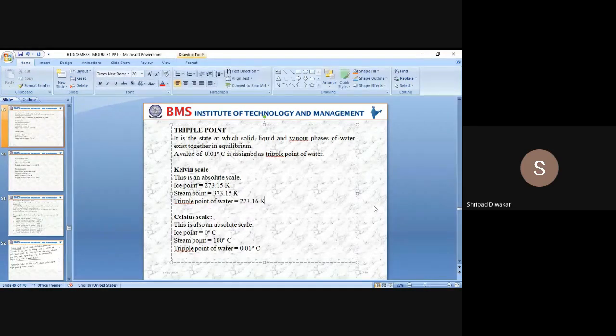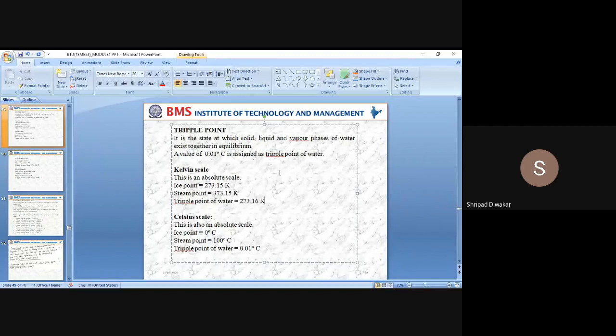So all three phases, solid, liquid, and vapor phases of water, coexist in equilibrium state. And remember, the standard value of triple point is 0.01 degrees Celsius.